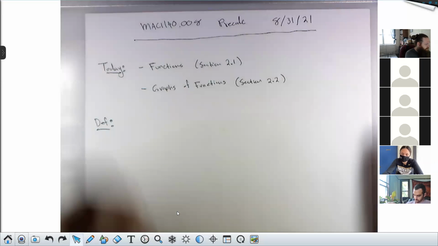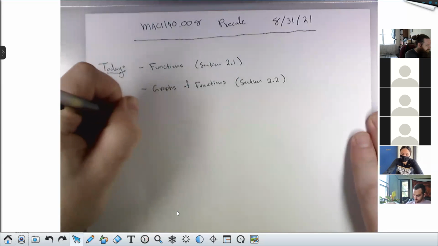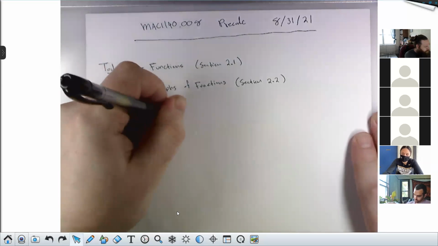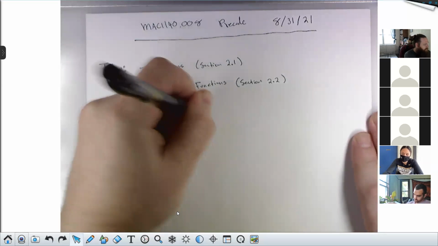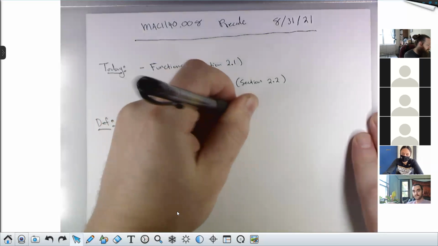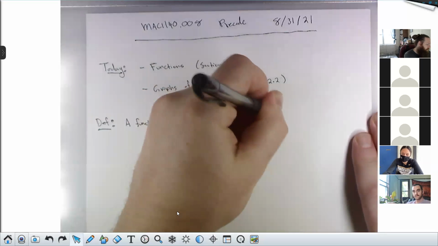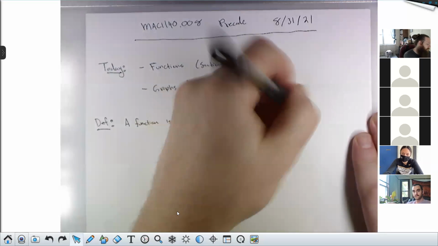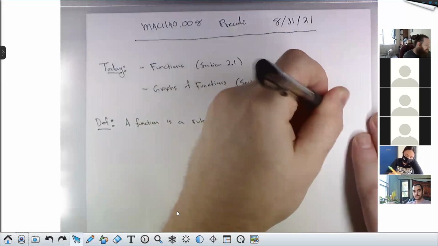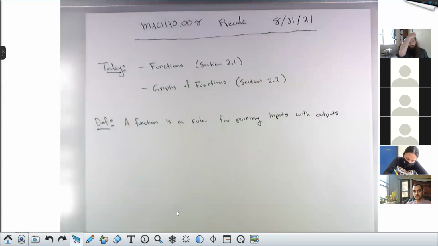Yeah, that's it exactly. So a function is a rule for pairing inputs with outputs. Now, a rule like this in general would be called a relation. So not all rules for pairing inputs with outputs are necessarily functions.